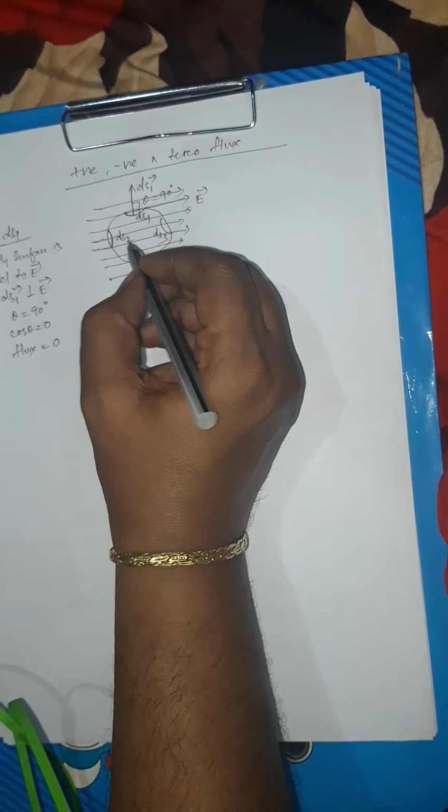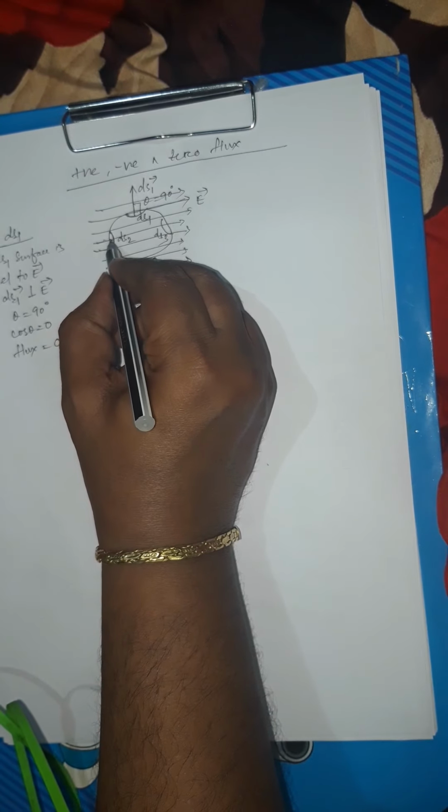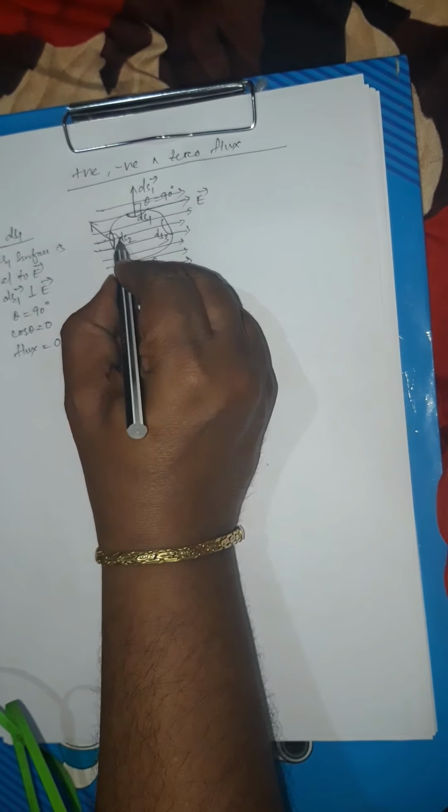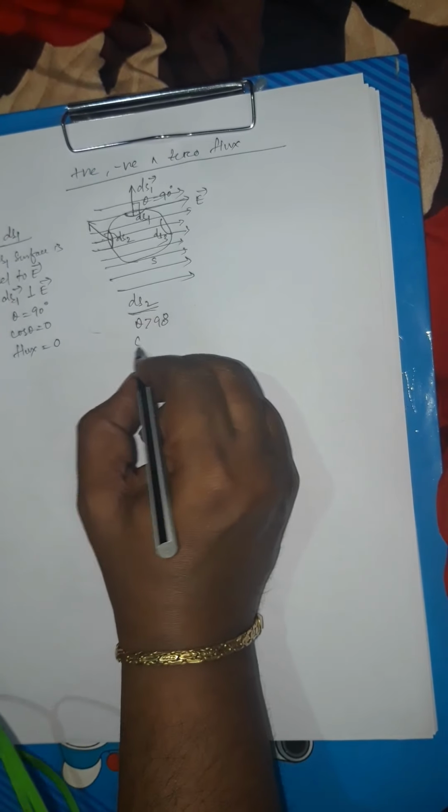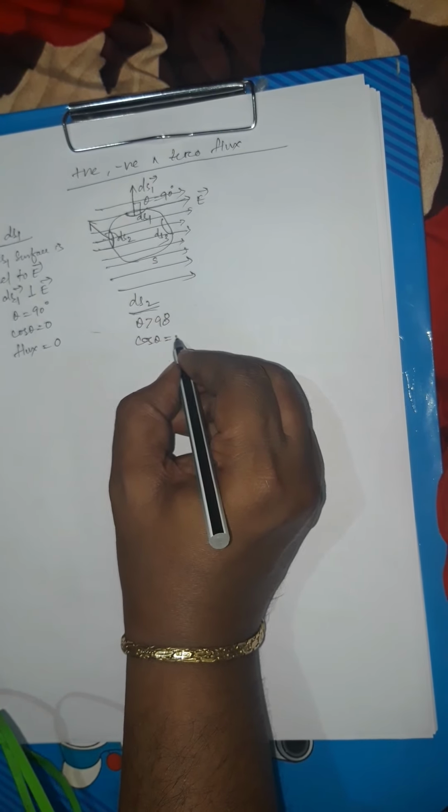If you draw the normal here, then this would be the normal, and this theta is greater than 90 degrees, and cos theta is negative.